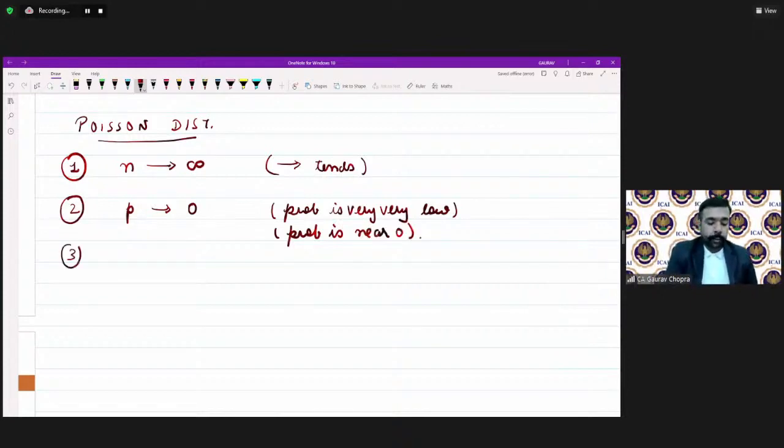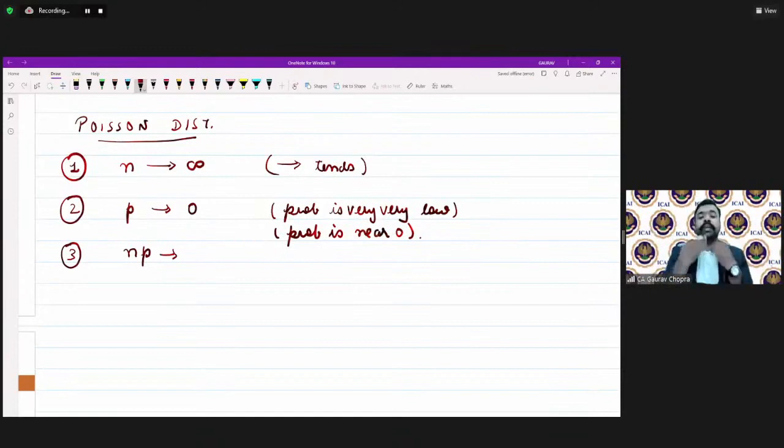And when we multiply both of them, n and p, then what will happen? One value is near to infinite, second is near 0. Both are on extremes, but when we multiply them, both will come into the middle.